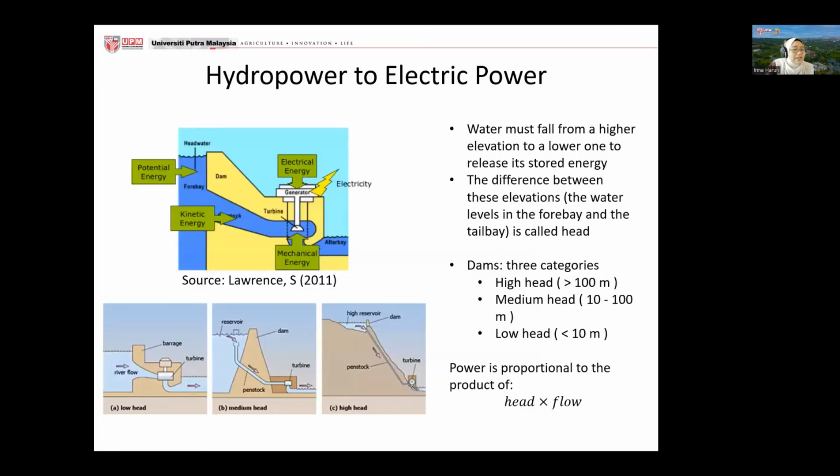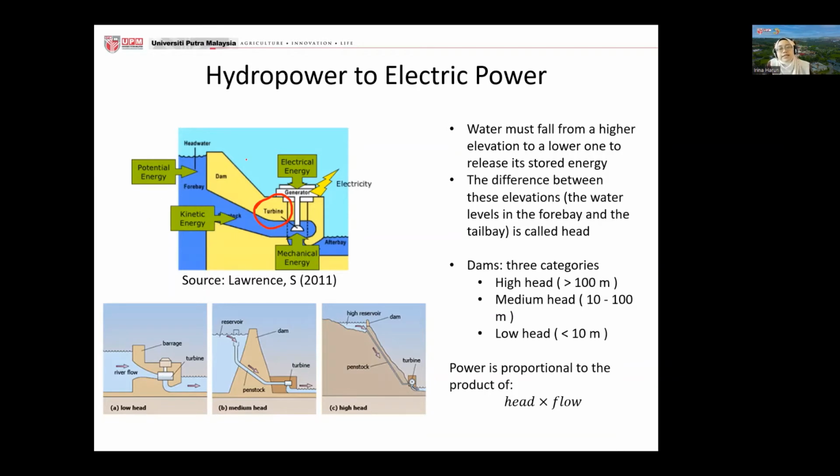So how is hydropower actually converted to electric power? This relates to potential energy. This is a very basic representation of what is happening. And again, here, if you see a turbine, you just have to remember if it involves a turbine, that is the thing that will be rotated, and then that mechanical energy will be converted to electrical energy.